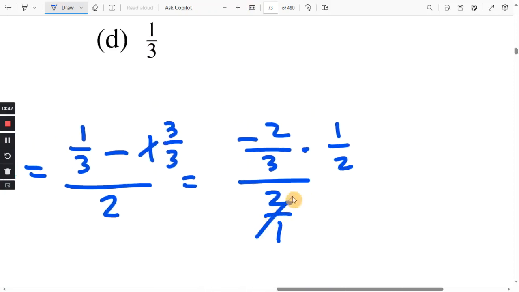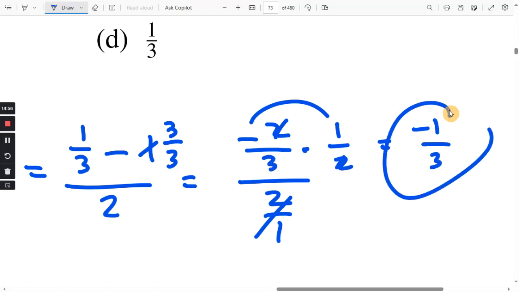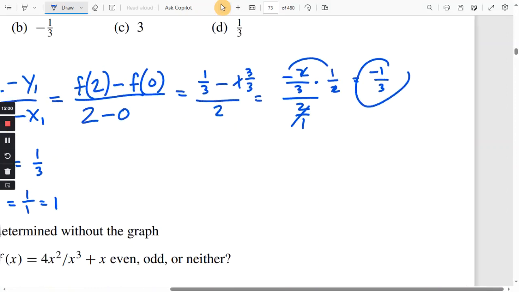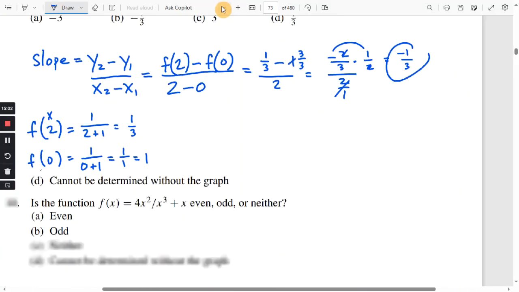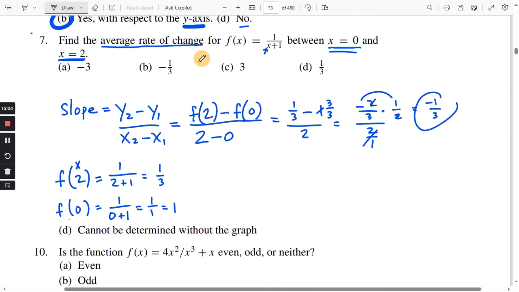All right, and now we are multiplying instead of dividing. 2 over 2 cancels, and we have -1 in the numerator and +3 in the denominator. So that right there is your average rate of change. Negative 1/3, answer B.